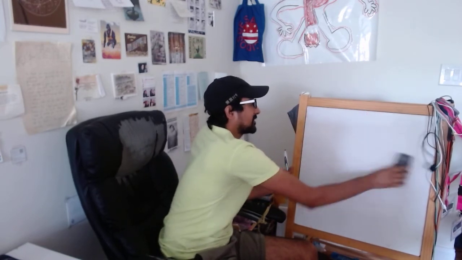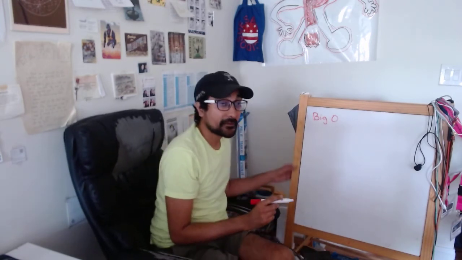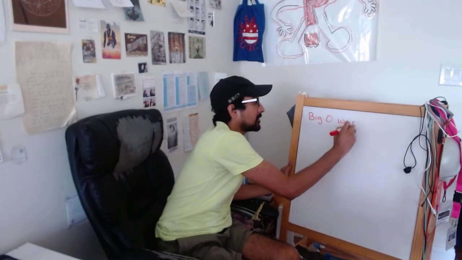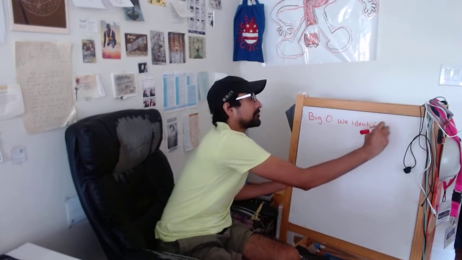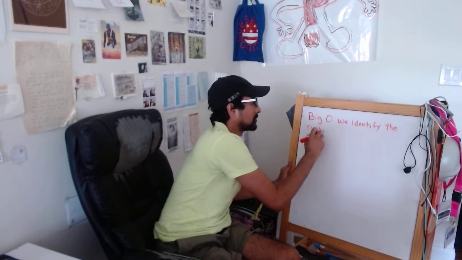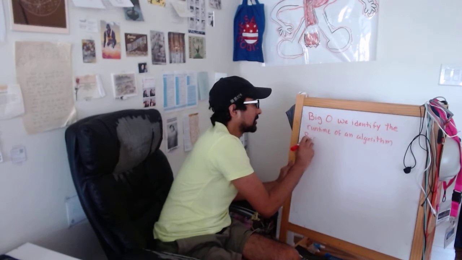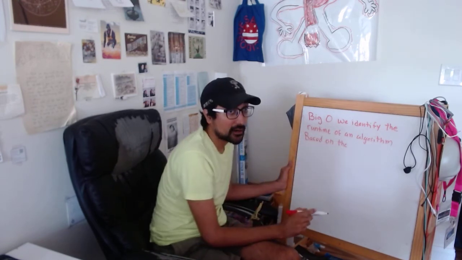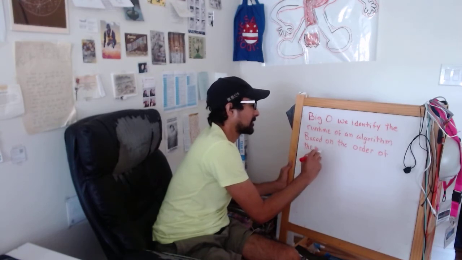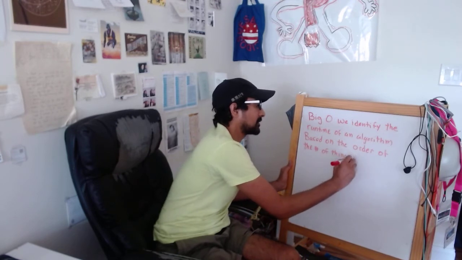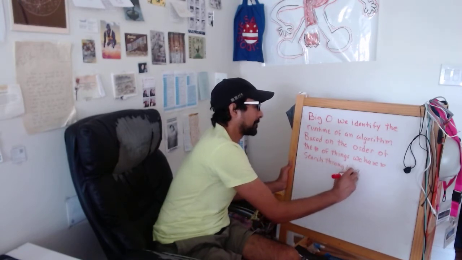So the tenets of big O is that we identify the runtime of an algorithm based on the order of the number of things we have to search through as n increases.